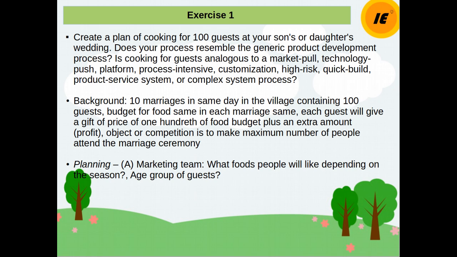The only way you can make a profit is to attract the maximum number of people, and if not 100 people, then at least a good number of people. Technically it will depend on the profit amount, that means the extra amount each guest will pay above the 1/100th of the total budget that we are giving to each family.